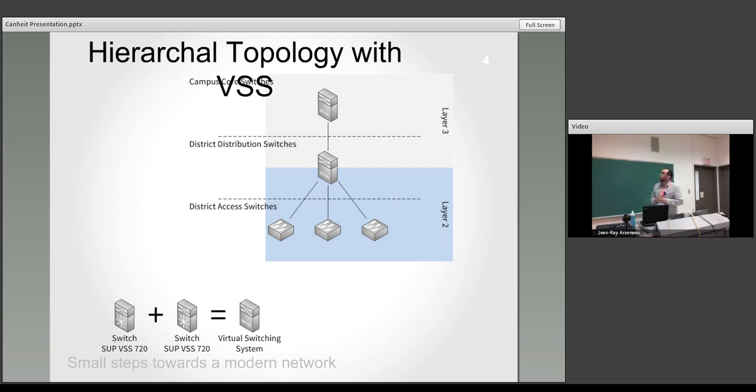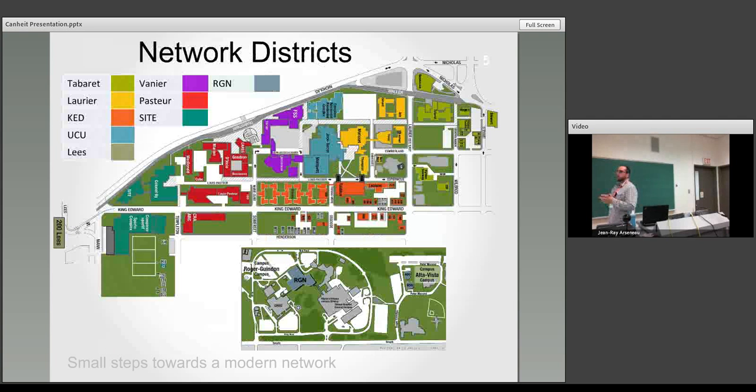So we divided our campus into districts to better allow us to control security and also utilization. The actual carve-up of the districts is based majorly on population density, also on the underlying fiber optic infrastructure. So for every district, we have a pair of distribution switches that feeds those districts, and from those distributions, we feed the access level.